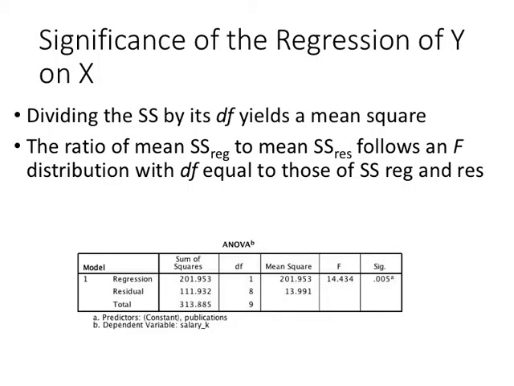This F table is a little strange in that across the different columns is the numerator degrees of freedom, and the rows represent the denominator degrees of freedom.